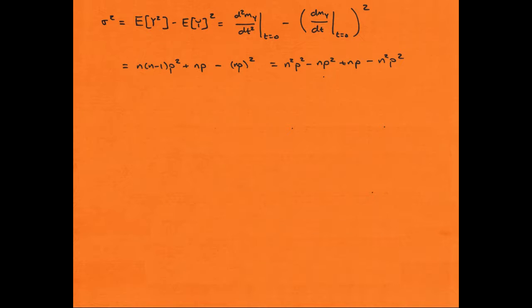Then if we want the variance, we take the expected value of y squared minus the expected value of y, squared. That's really going to be our second derivative evaluated at t equals 0 minus our first derivative evaluated at t equal to 0, squared. If we plug that in and do a little bit of algebra, we find that our variance ends up equaling n times p times q, or n times p times 1 minus p.